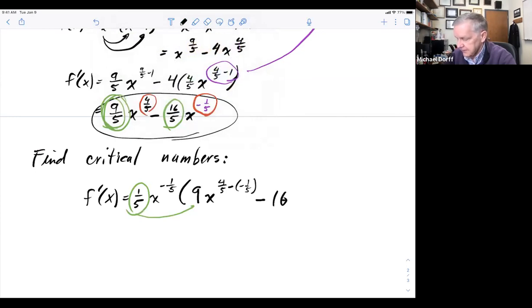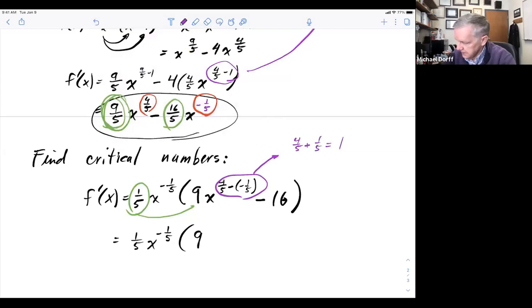And I factored out an x to the negative 1/5, and so I'm just left with that. So now I can rewrite this as 1/5 x to the negative 1/5 and 9. And here, what does that exponent equal? So that's 4/5 plus 1/5, that equals 1. And so now I'm left with x to the 1 power minus 16.